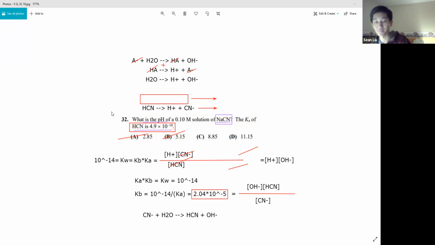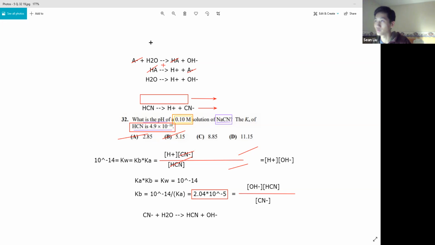Now we do the actual math. But first of all, we have to figure out what we can plug in here. The key, of course, is in the remaining information we have. And that remaining information is this. The 1.0 was 0.10 molar.